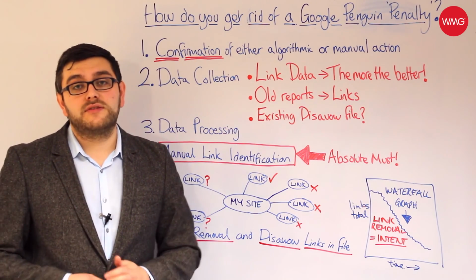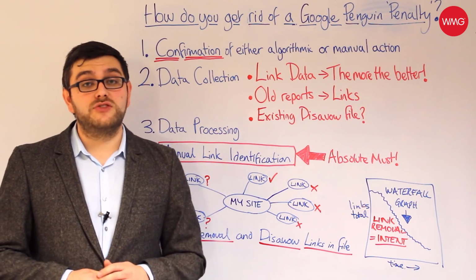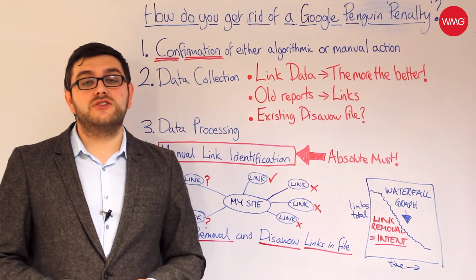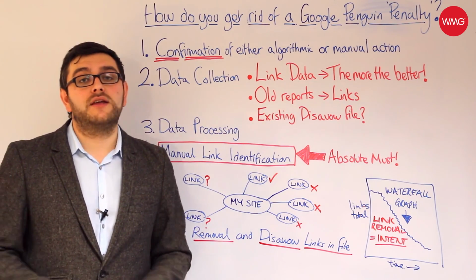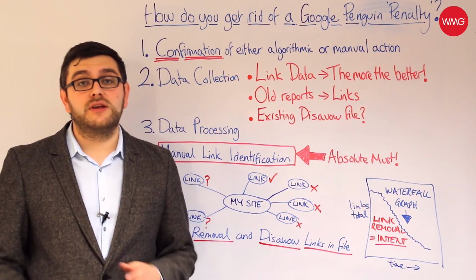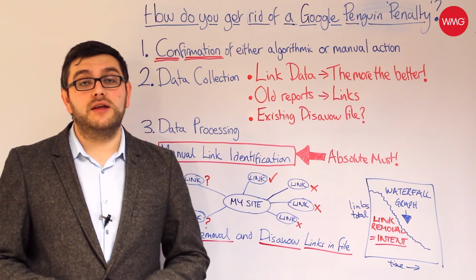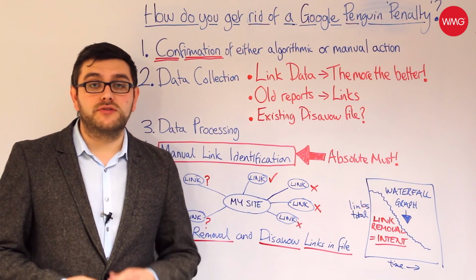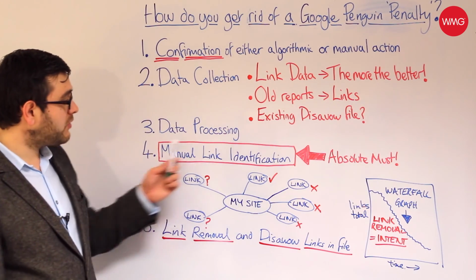From our experience, we know that these do not work effectively, and the only way to do a true identification to see if a link is good or bad is to eyeball it using various metrics and also a visual interpretation of that link. Was that link built to manipulate Google's search results?